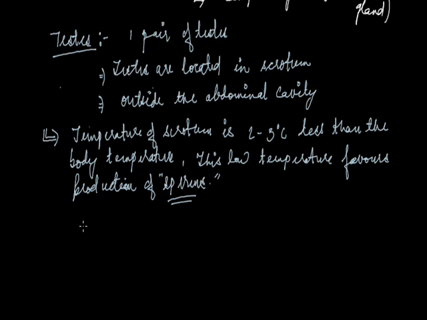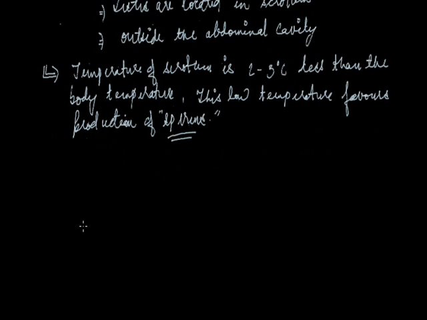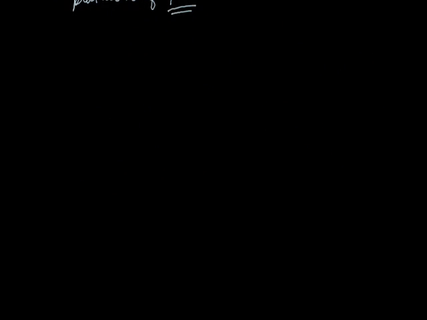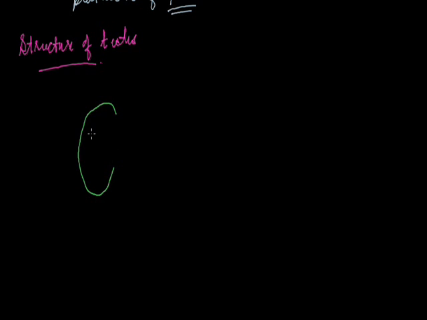Now coming on to the structure of testes. These are oval in structure, covered by a membrane, the tunica albuginea. Inside this, lobes are present, which are known as the testicular lobes.